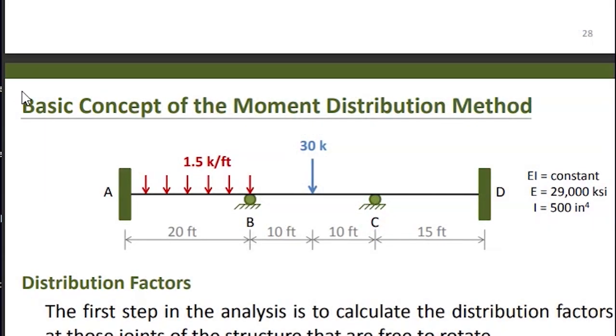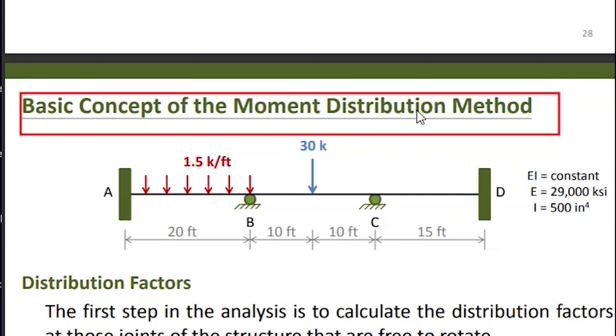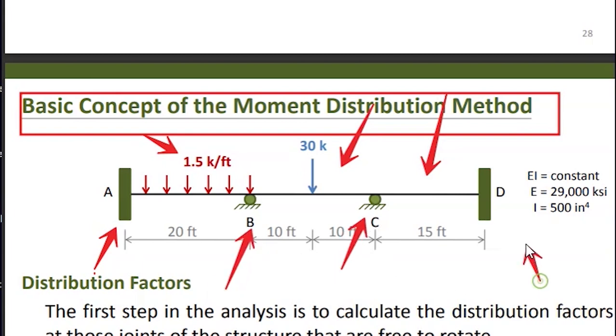Now let's have a little example for the moment distribution. Consider a given member with given values, as you see, with a uniform distributed load and a point load at a given node, fixed at this point, hinge support at points B and C, and this is fixed, with constant EI, meaning a uniform section of the members.